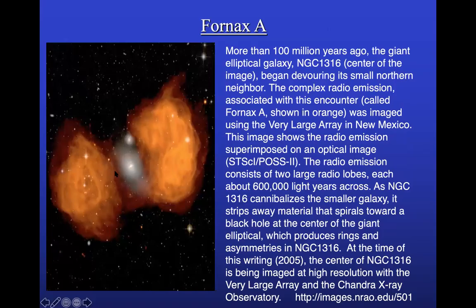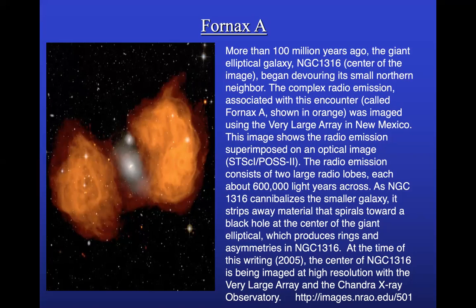Right. And this is another example of the advantage of having radio observations. These orange lobes, which we call radio lobes, are actually detected by the Very Large Array in New Mexico. If you look at only the other wavelengths, you will not see that, right?